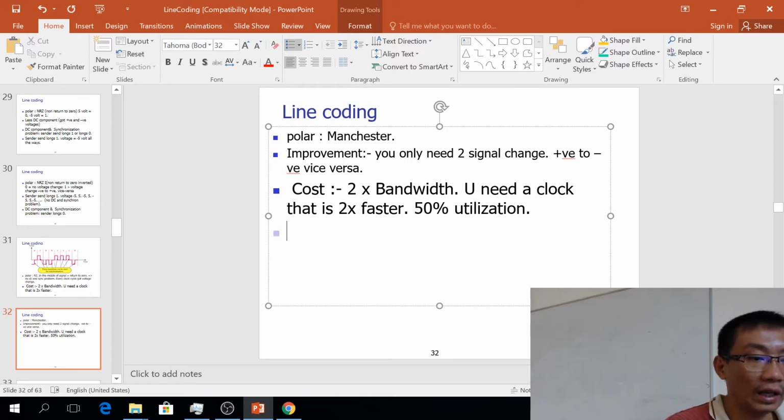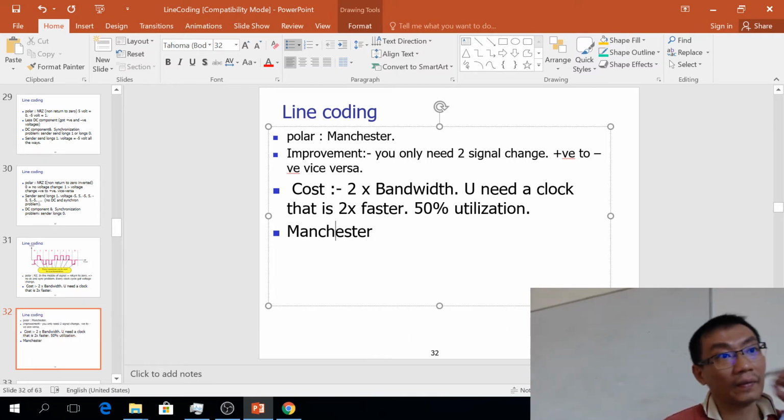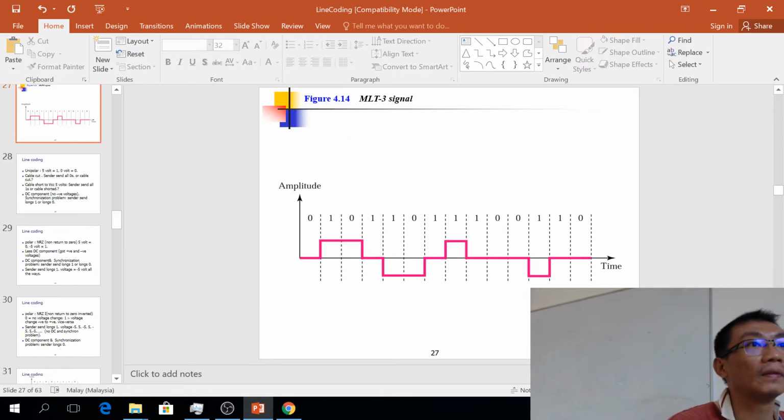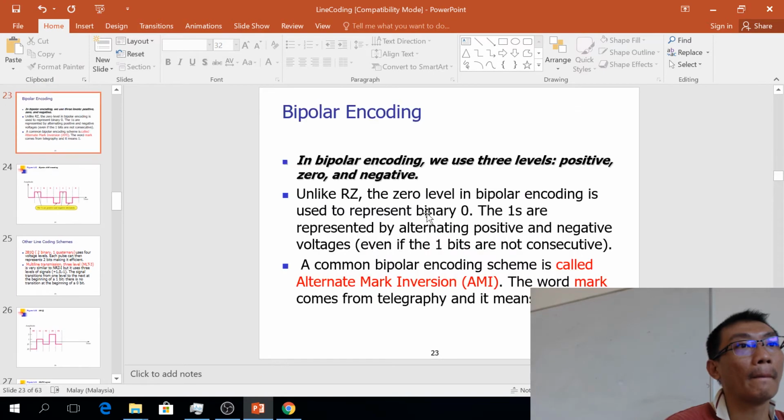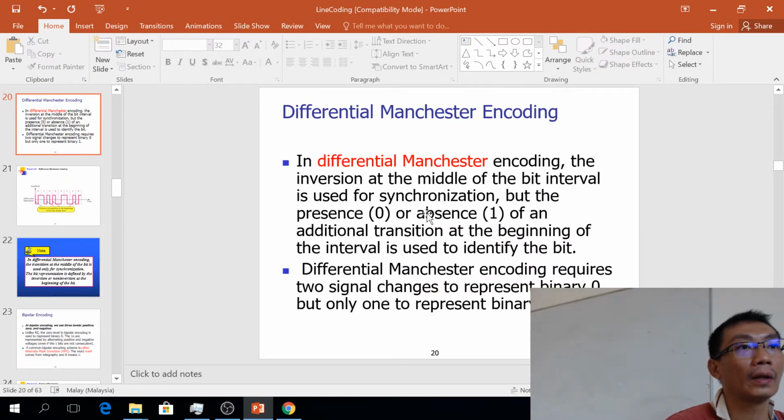So then you also have Manchester encoding inverted, okay, differential Manchester, which is in the slide here. Alright, in differential Manchester, you require 2 signal change to represent 0, only 1 signal change to represent 1.